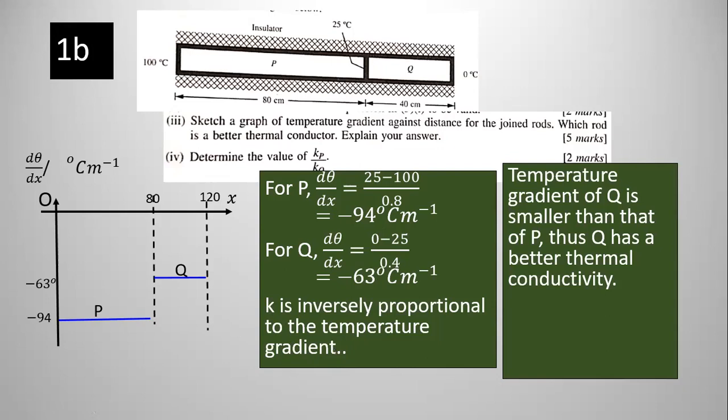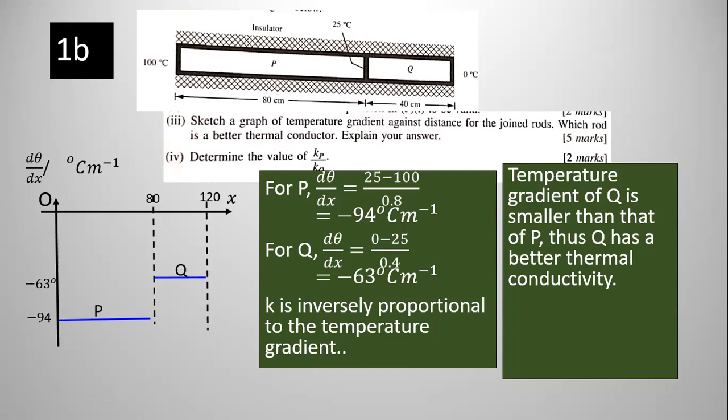The green one is the number 4 one, right? This one is number 3. You have to calculate this one first before you can draw this graph. You cannot simply do it. We get marks for the calculation. This is 5 marks, which means they want you to calculate. You cannot simply sketch one.